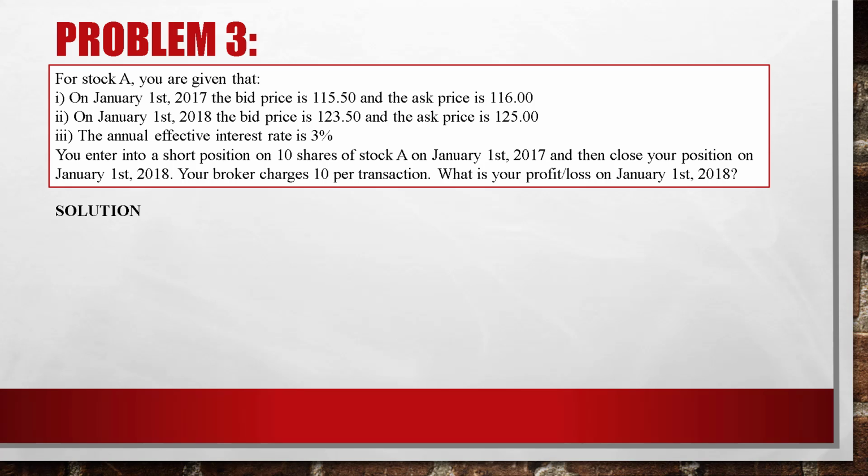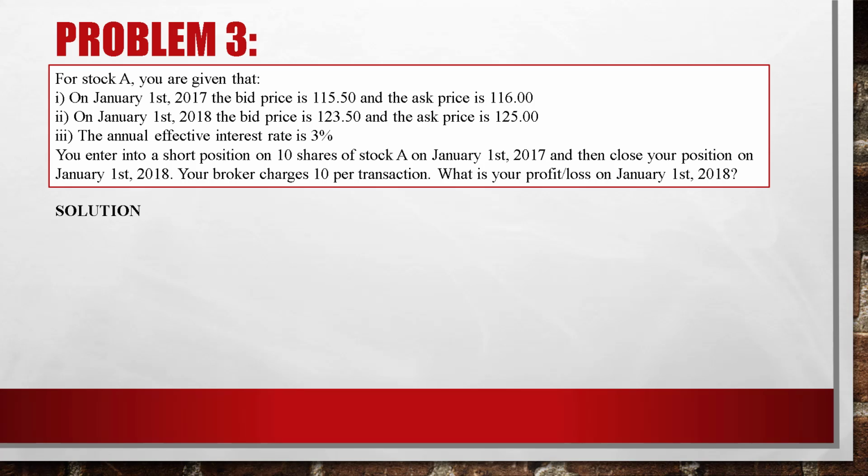Before we solve this problem, I want you to pay attention to the keyword: you enter into a short position. Short position here means we are selling, and closing the position means you have to rebuy.